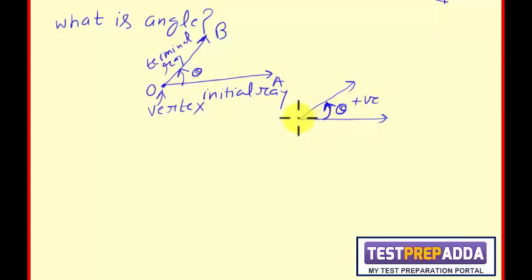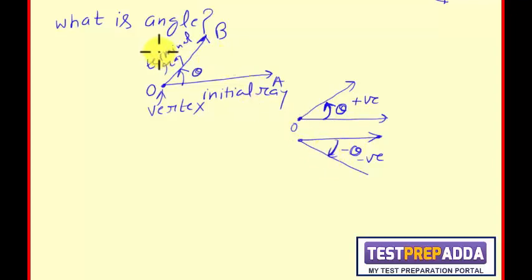We have rotated the ray in the anti-clockwise direction about this point O. Now, if I rotate this in the clockwise direction, this way, you can see, this is called a negative angle. So in the anti-clockwise direction, the angle will be taken as positive. In the clockwise direction, the angle will be taken as negative.